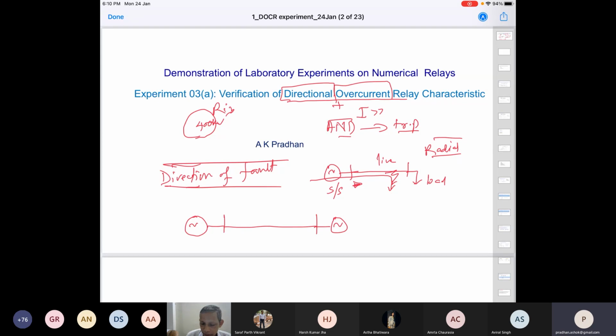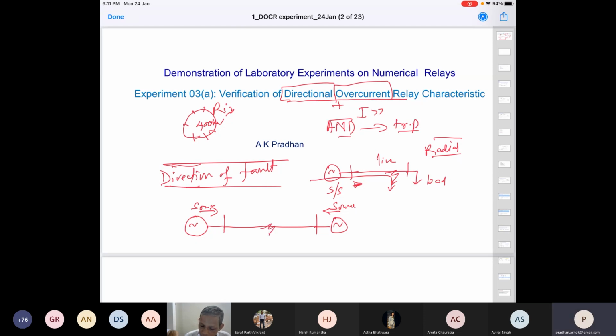So in this system, if we say these are different line sections, in a line section here we'll see a source at this side also and a source at this side also. You got my point now. Here it was radial, now it can be this. So power can flow from left to right, also from right to left, depending upon the need.